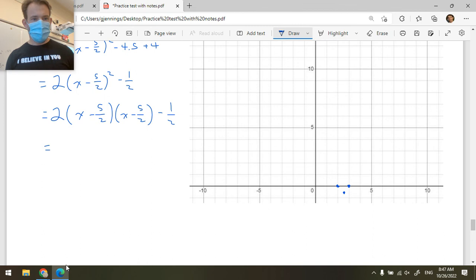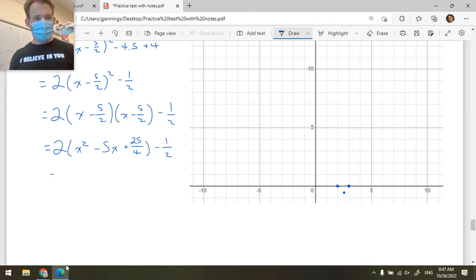So this is equal to, we're going to FOIL this, 2 multiplied by x squared minus 5 halves x minus 5 halves x is minus 5x when we put those together. And negative 5 halves times negative 5 halves gives you positive 25 fourths. Minus 1 over 2.